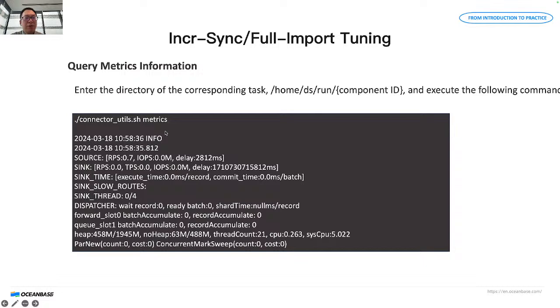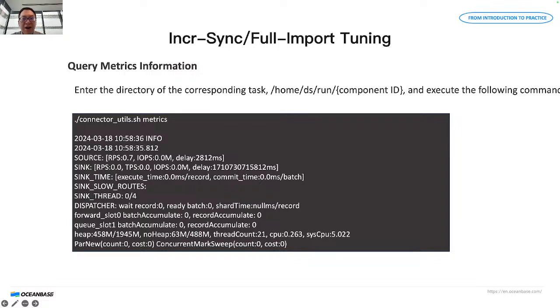which provides detailed metrics. Here are some key metrics to monitor. The first one is source metrics: RPS, ROPS, and delay time. If the delay is high, check if there is a performance issue on the source side for data reading. The second one is sync metrics. This reflects the write performance, including write time, RPS, and delay time.